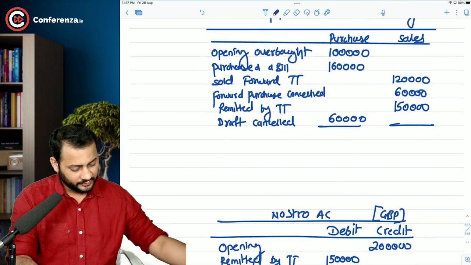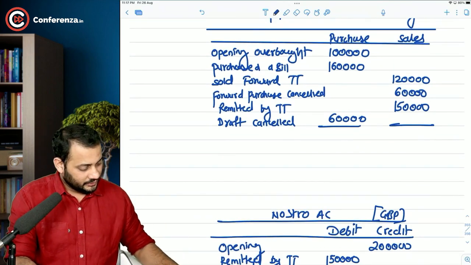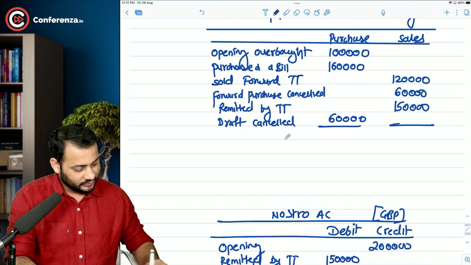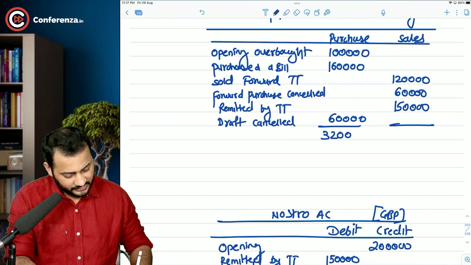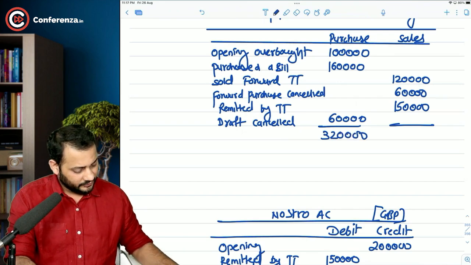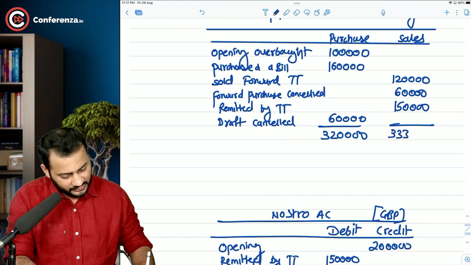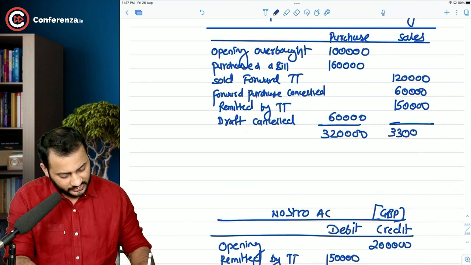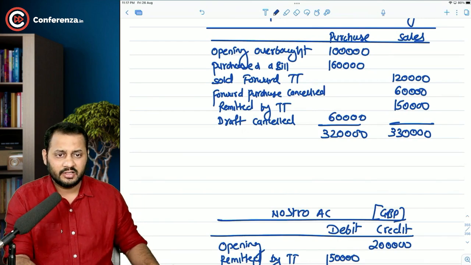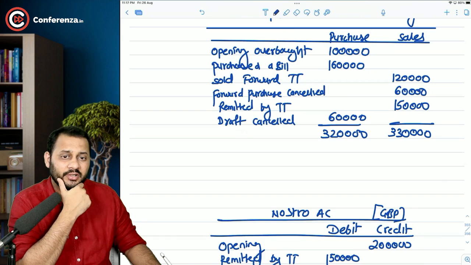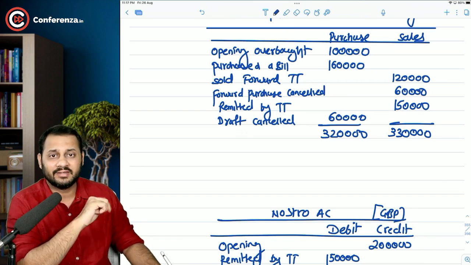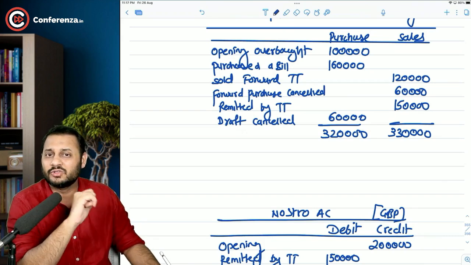Now let's do the total of this. 1 lakh, 1,60,000 and 60,000. So the total is around 3,20,000 on the purchase side, and 1,20,000, 60,000 and 1,50,000, so the total is 3,30,000 on the sales side. Can I say that I have an oversold position in this statement because the sales column is higher than the purchase column by 10,000 GBP.